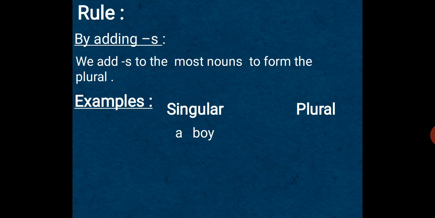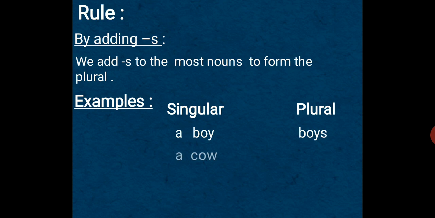You cannot say this is one boy. No, this is a boy is the correct way of saying it. Here, what can we do to make them plural? When you see 3-4 boys, then you add s to make them plural.